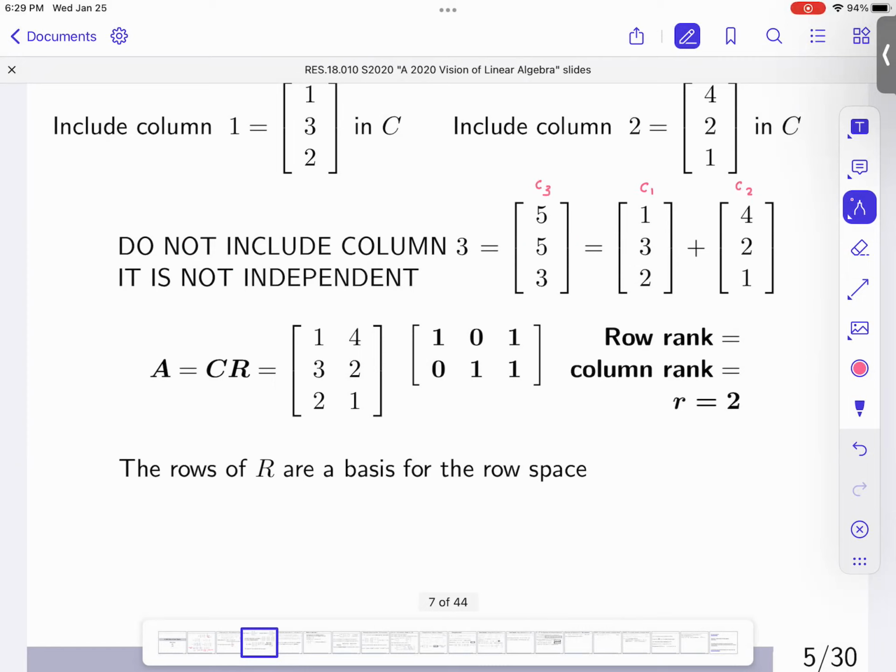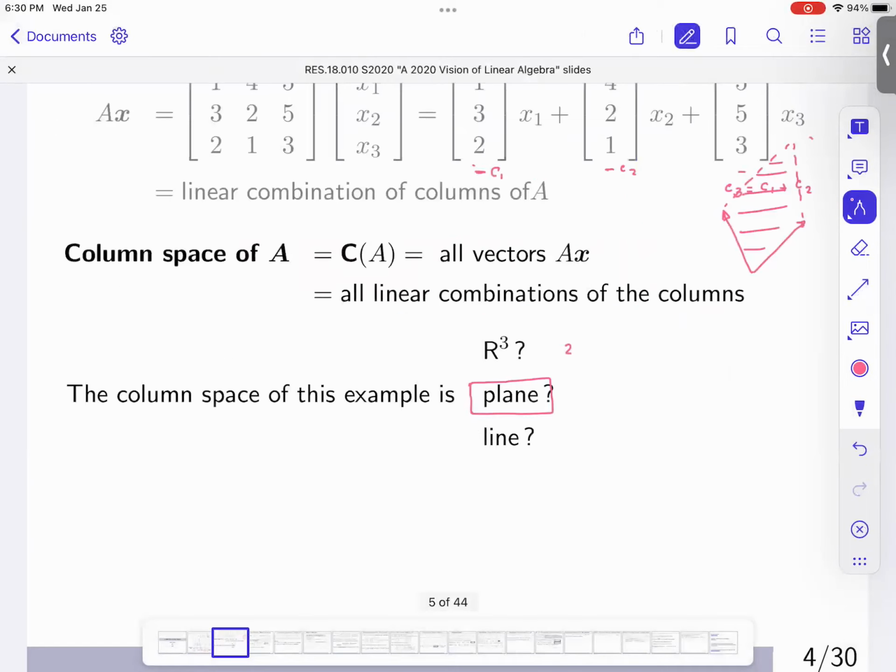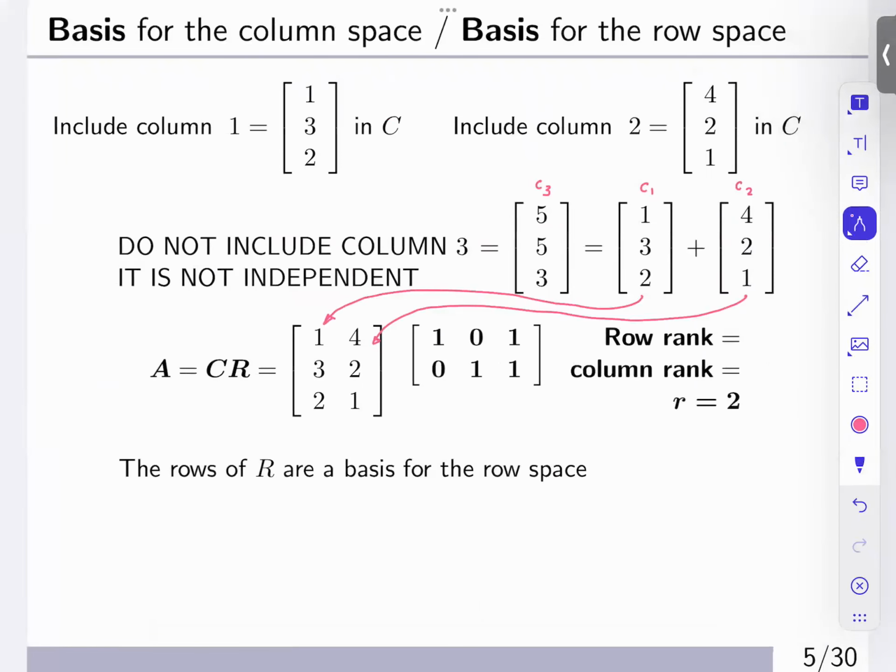First, I'm going to grab this column, place it over here. I'm going to grab this column, place it over here, and now I want you to think about the decomposition which we have. I have 1, 3, 2, 4, 2, 1, 5, 5, 3.